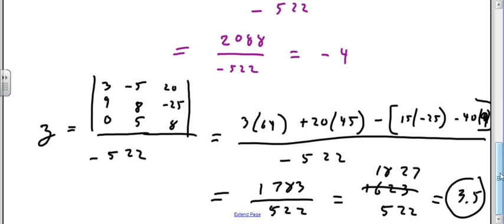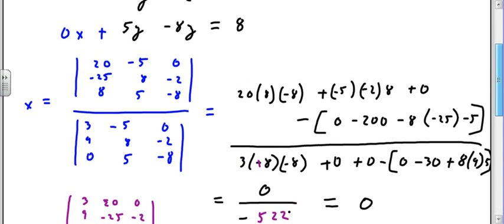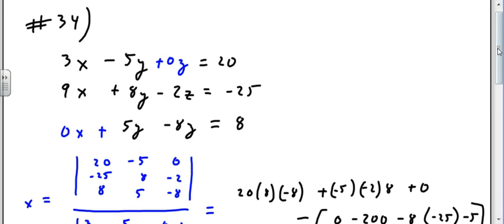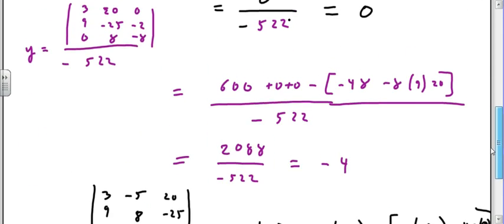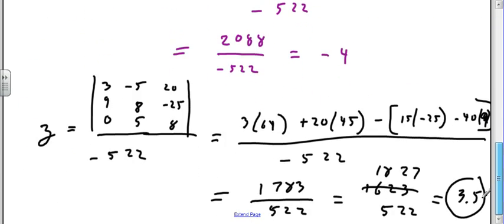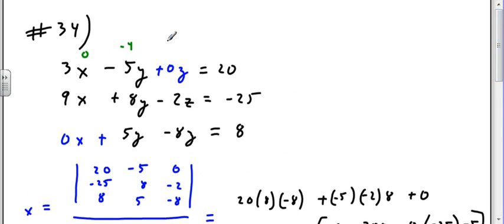All right, now I've got numbers that I can check. So if I check a 0 for x and a minus 4 for y and a 3.5 for z. So the first guy checks.